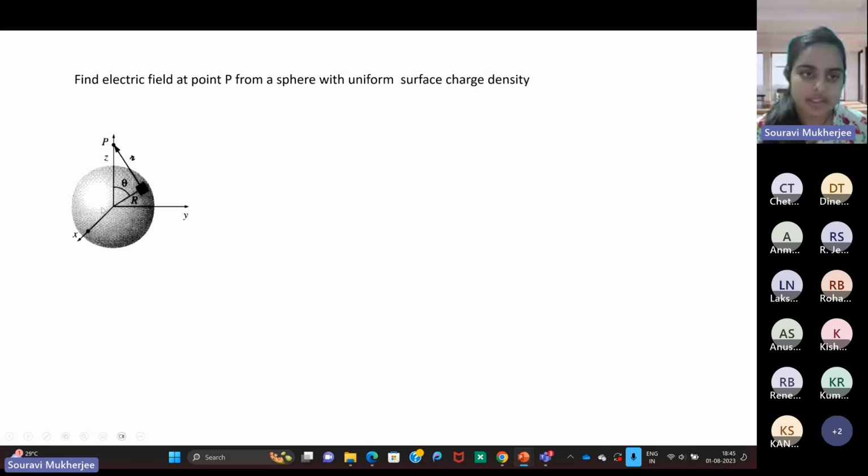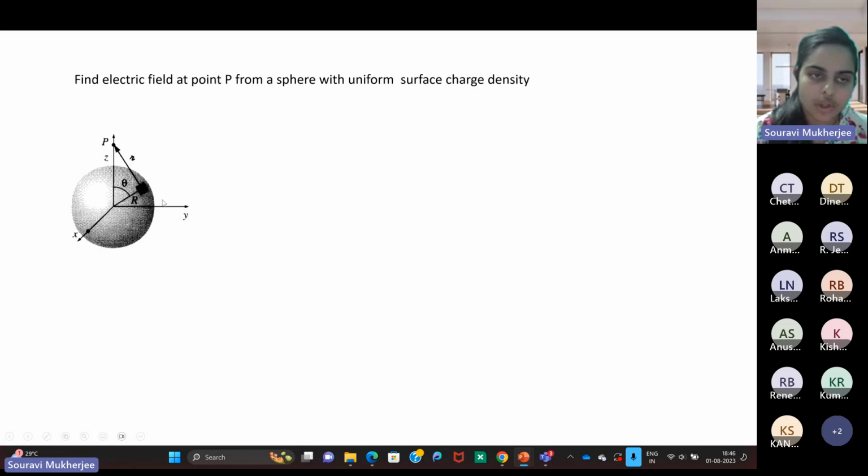Even if you consider the xz plane and cut it into disks, it might be possible, but the problem is that there are multiple integrations, as pointed out. Each of the points on the disk would have different distances from the point P.